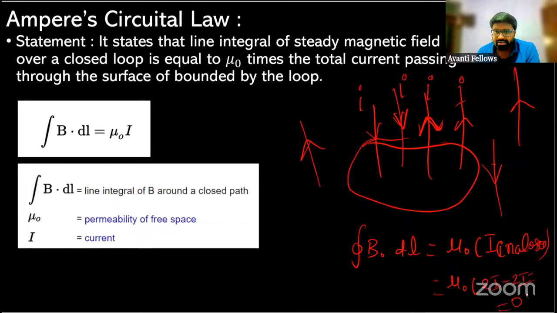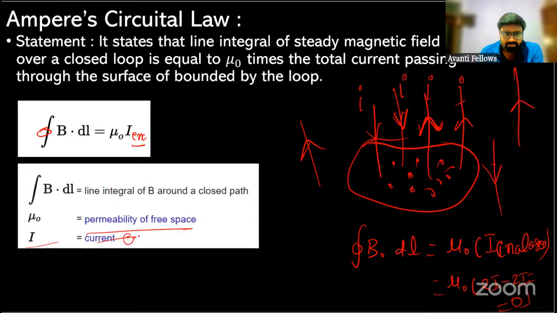So the net magnetic field at the center, at any point in this closed loop, will be 0. Clear? So the statement is that the line integral of B vector dot dl vector is equal to mu naught times I, where I is enclosed. Mu naught is the permeability of free space, and I is the value of current enclosed.